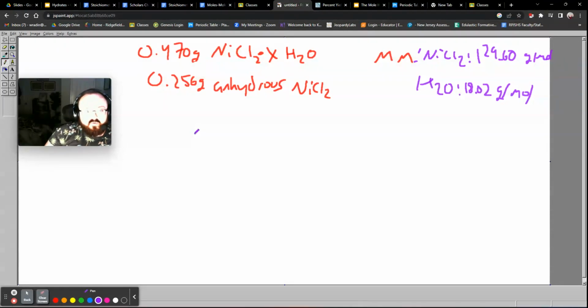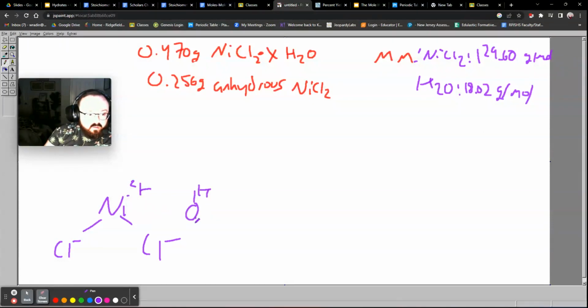So here's kind of our data. What we did here is we started with 0.470 grams of nickel chloride dot XH2O. And just a reminder, what this means is that in our crystal we have our nickel 2 plus, chlorine minus, and somewhere there is water that is attached and attracted to this because of those ion dipole bonds, because water is polar.